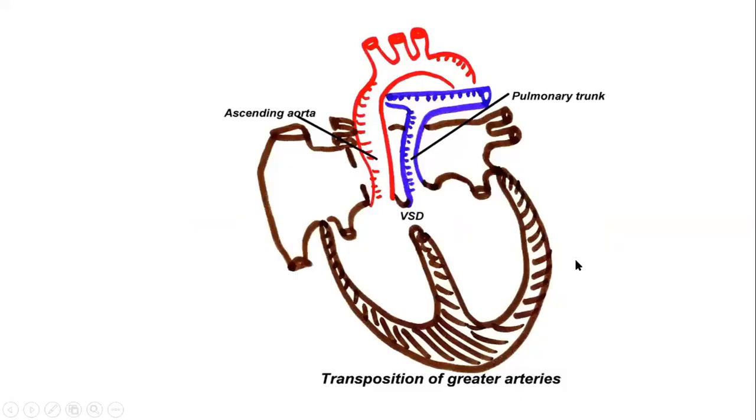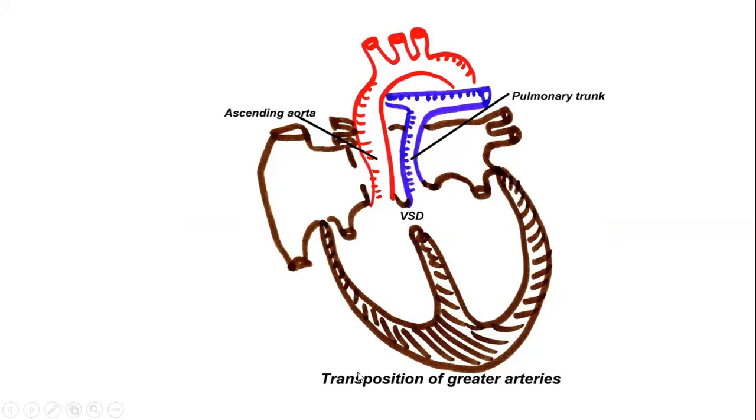If the septum formation is not proper, which will lead to ventricular septal defect, it will not continue properly above, and the aorta, instead of starting from the left ventricle, will start from the right ventricle. If you see here, this is the ascending aorta, which is starting from the right ventricle. And the pulmonary trunk is supposed to start from the right ventricle, but it will begin from the left ventricle.